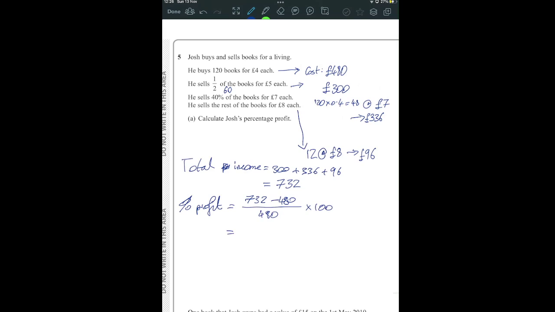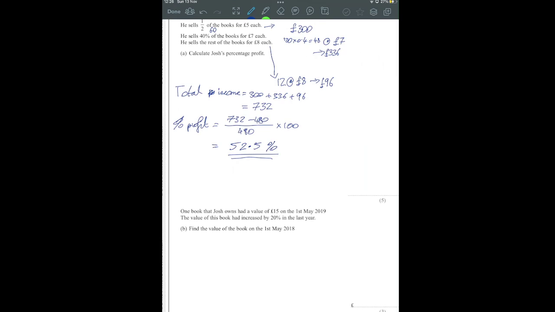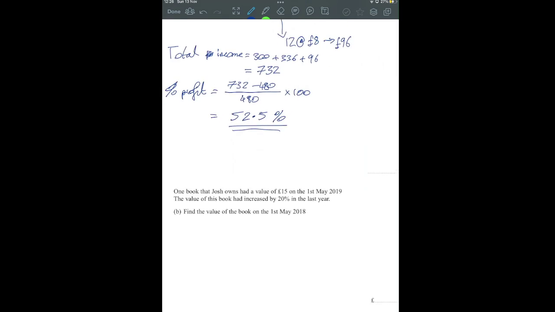And if we calculate that fraction and multiply it by 100, we get our percentage being 52.5%. Now that gives me some confidence of its correctness, because the question didn't tell us to do any rounding, and this solution came out exactly to 1 dp. So I can have a meta tap on the back for that.